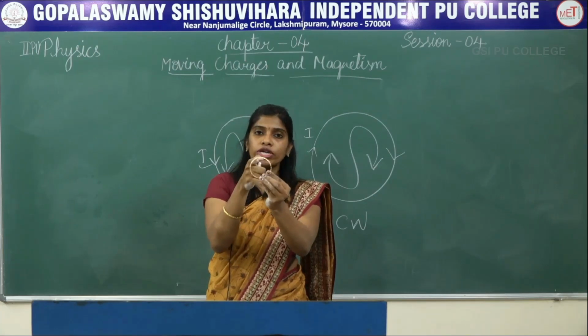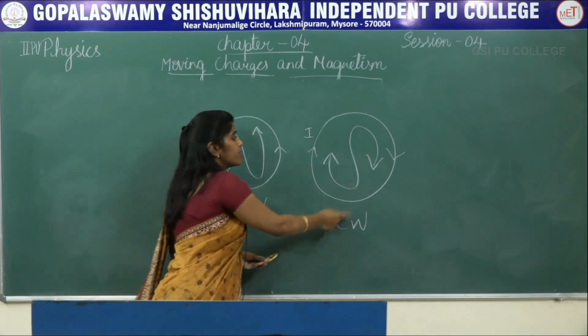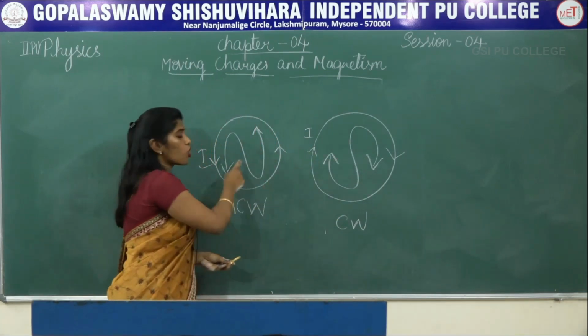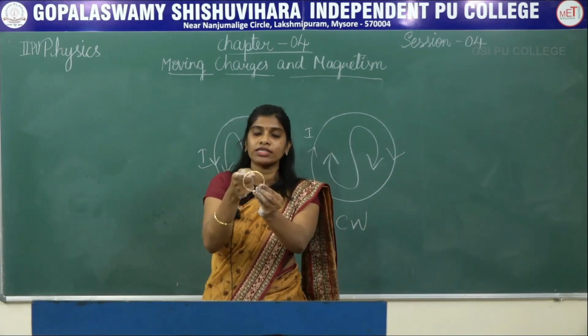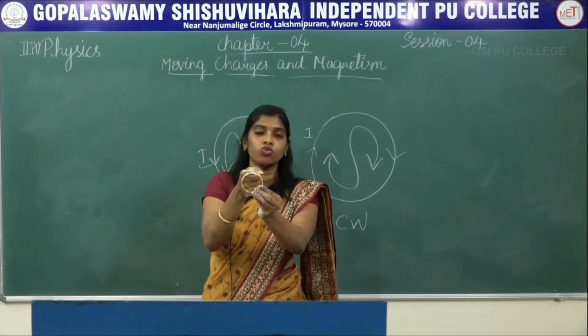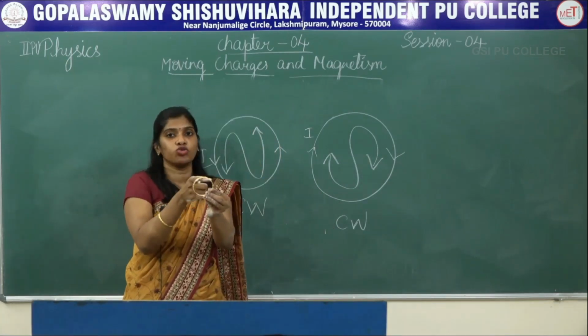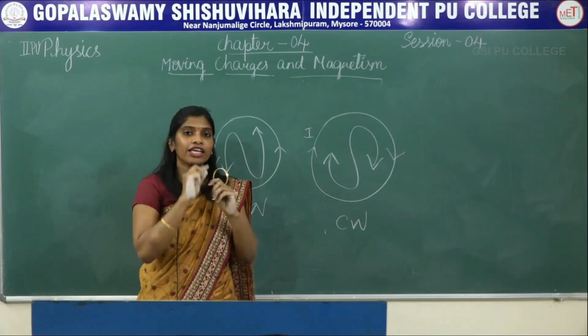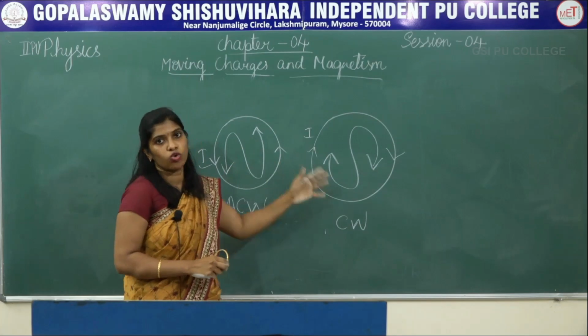That means it is clockwise for you and anti-clockwise for me. Clockwise means it is south pole, anti-clockwise is north pole. So for me it is anti-clockwise. That means which pole is towards me? That is north pole, and for you it is south pole. That means a current carrying circular coil just acts like a magnet with north and south poles.